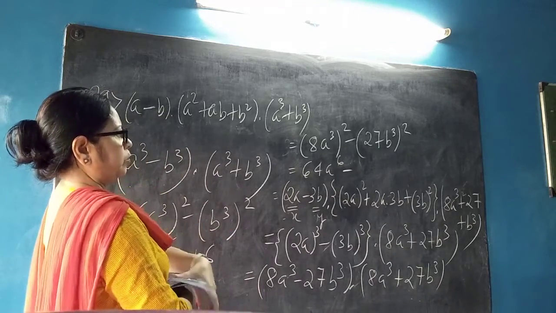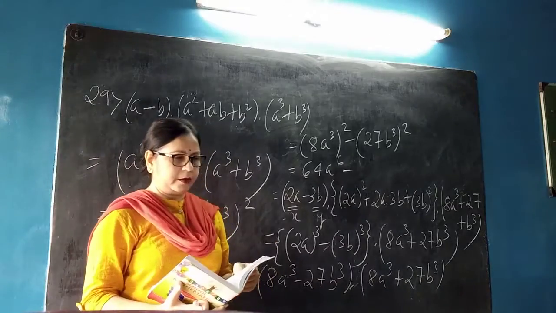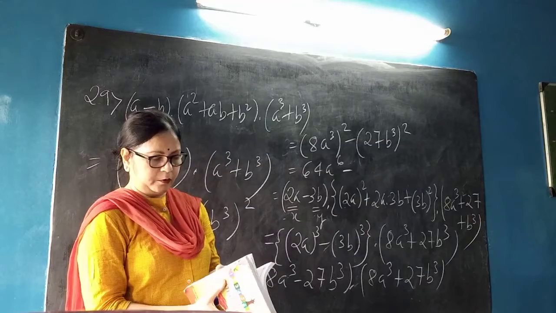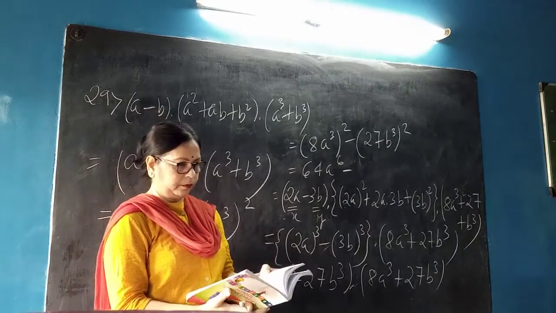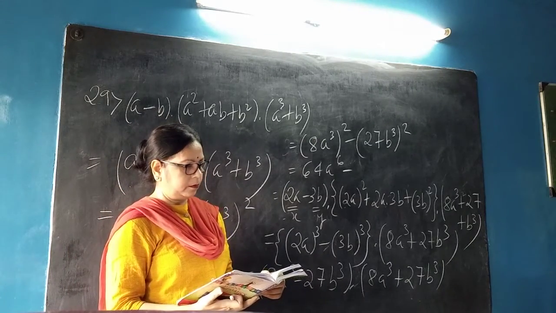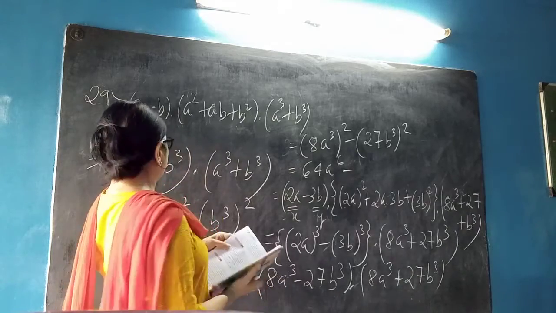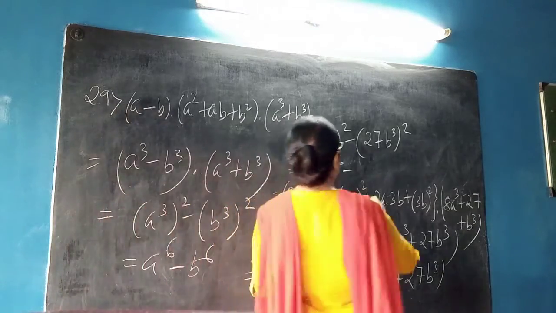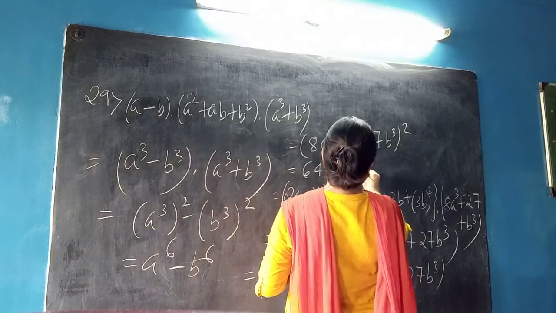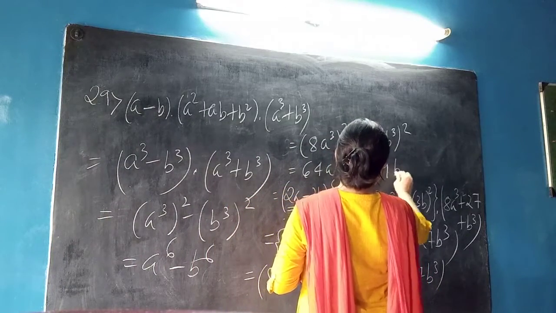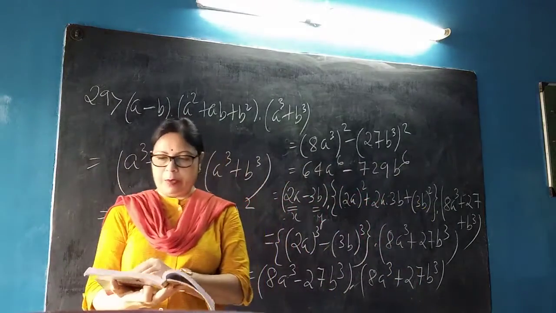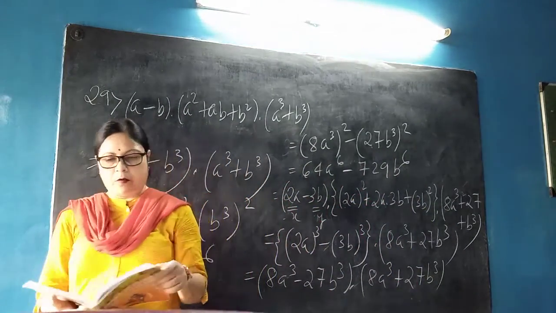I think 729. 27 into 27, 729, into the power 6. Here, so how I am applying the formula, you have understood.